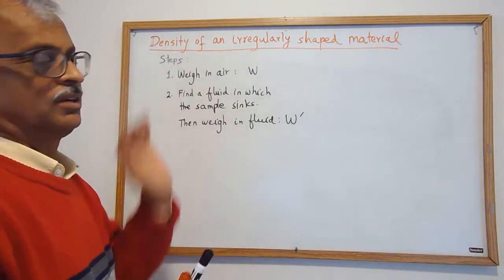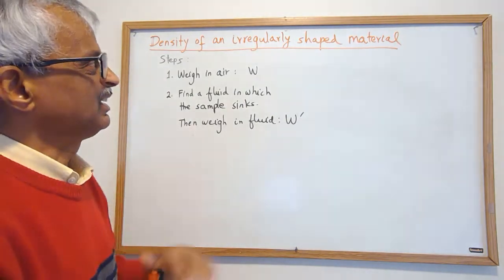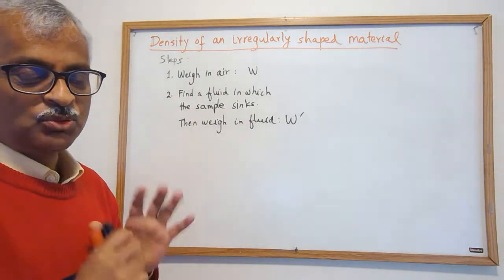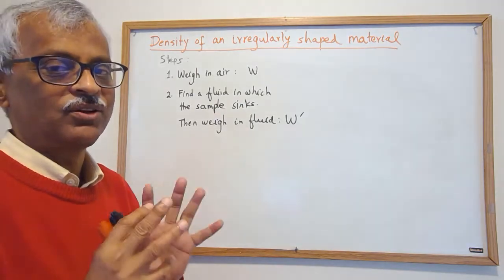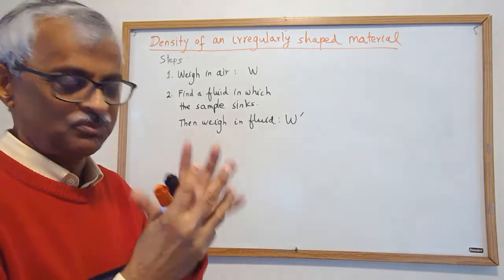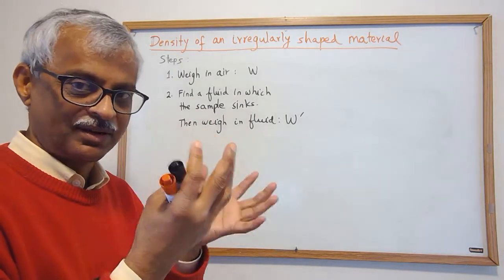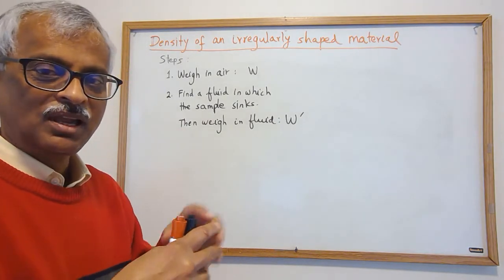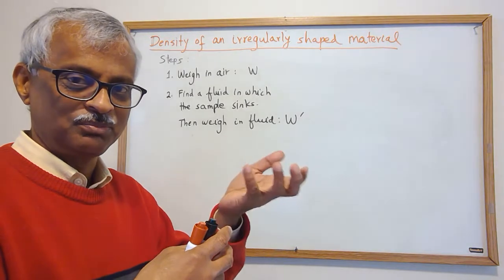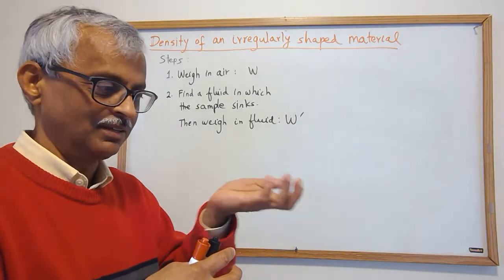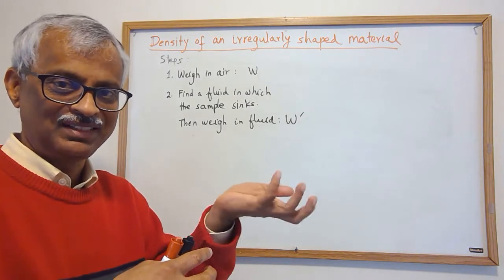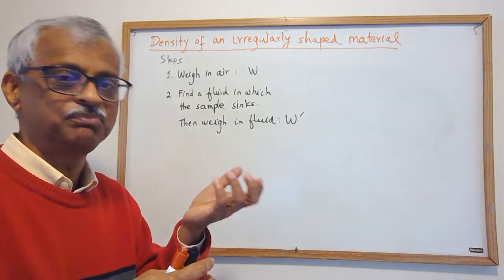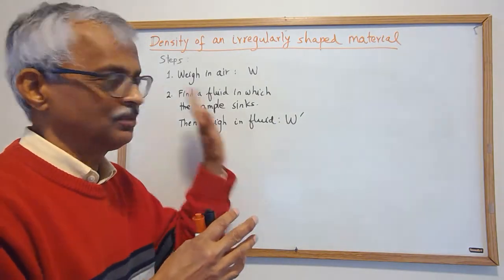Let's look at an example application of buoyancy. Suppose you're given an irregularly shaped object, for instance, a crown, a rock, some piece of metal, where the volume is not easy to get. If you have a cube shape, for instance, you don't need this.